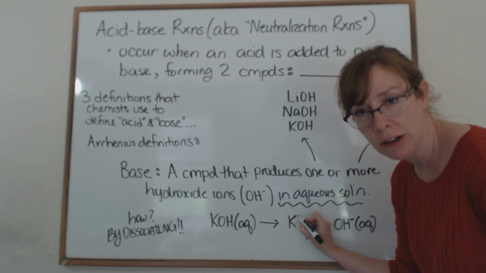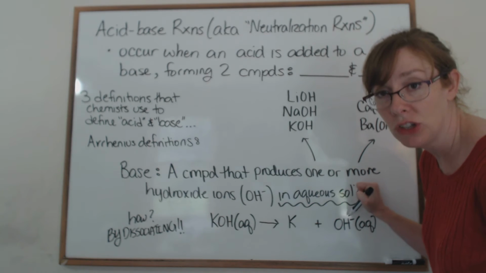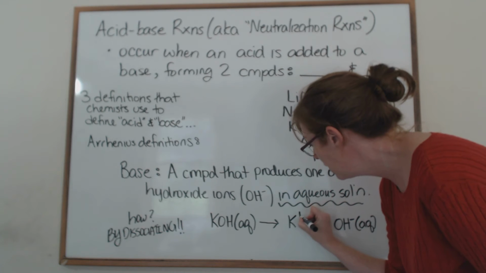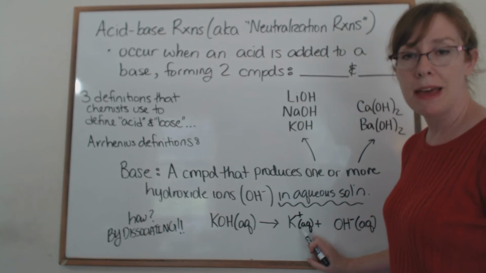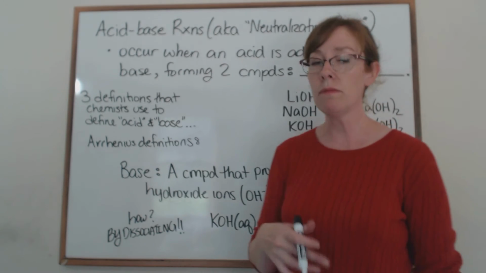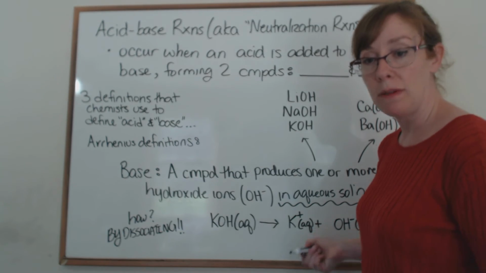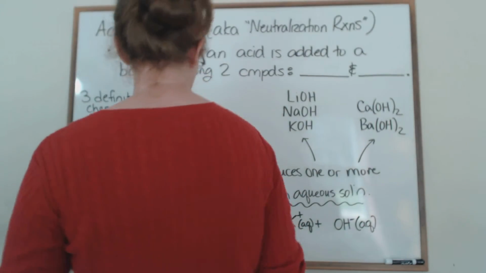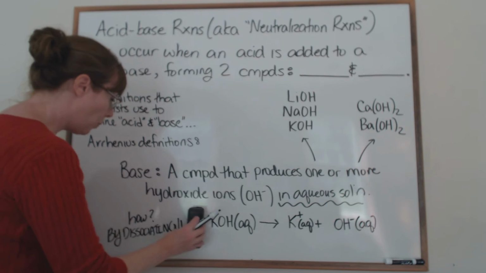What would be left here? Okay, it's the same concept. If you used to be neutral, and you've lost a negative charge, you would be positive, K plus. And really, you're just going to get these metal cations in the solution as well. So that's how you would write the dissociation of a base. And so bases have this same property of falling apart in the water.